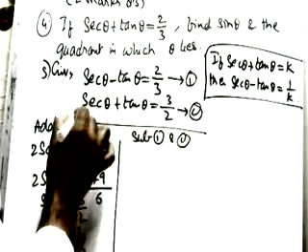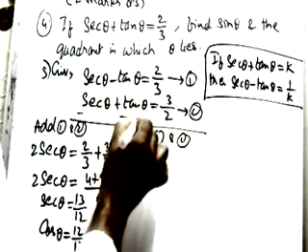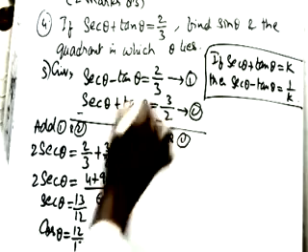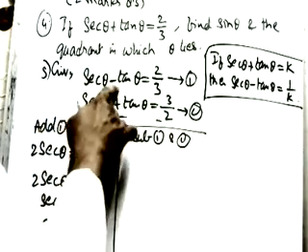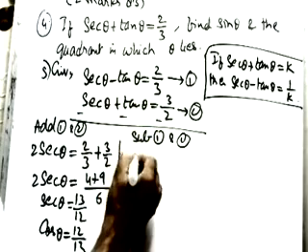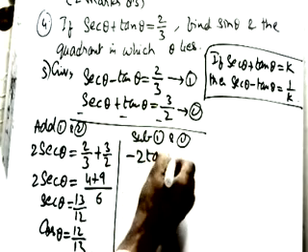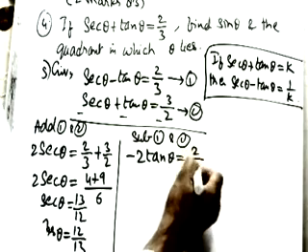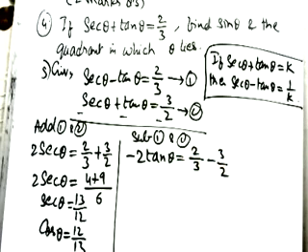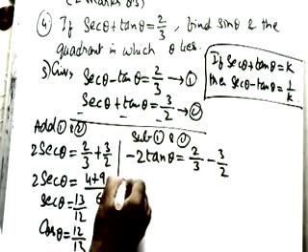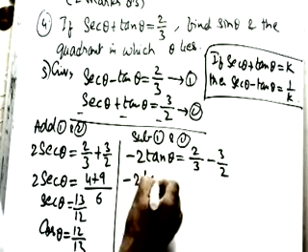Now let me subtract 1 and 2. If you subtract, the sign will change, this will become minus, this will become minus, and this will become minus. So plus secant theta minus secant theta will get cancelled. Minus tan theta minus tan theta is minus 2 tan theta, equals 2 by 3 minus 3 by 2. Let me take LCM here.